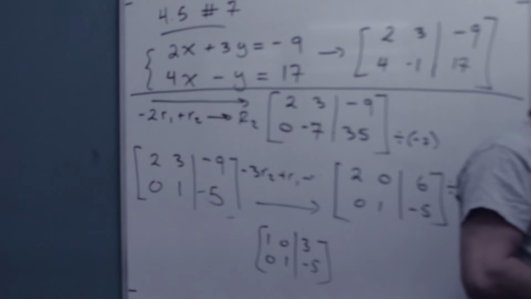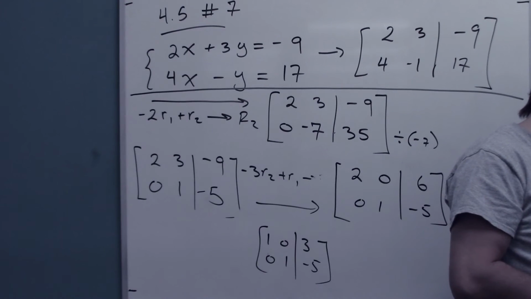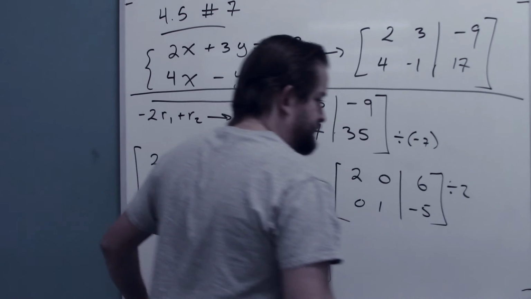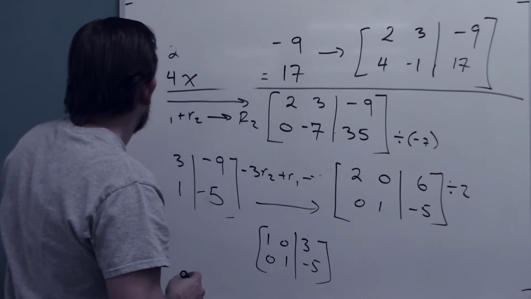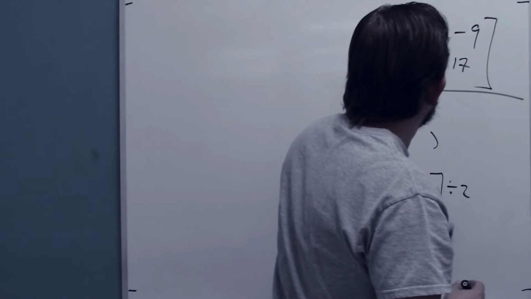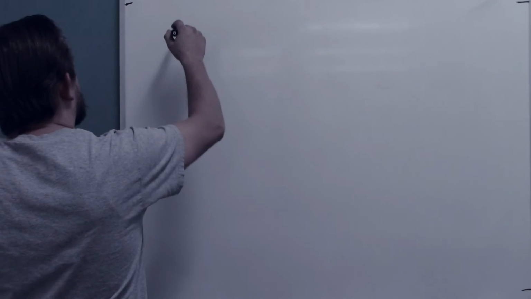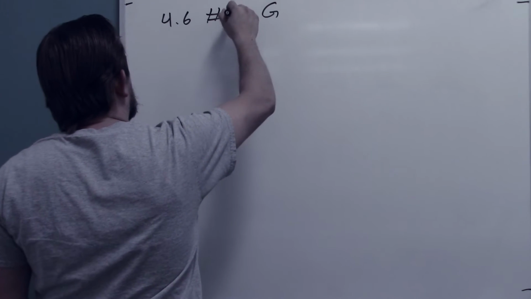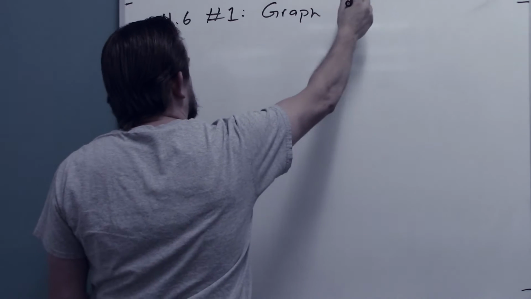Some more matrix stuff, it says. Let's look at 4-6 number 1 real quick. That was also asked. 4-6 number 1 says graph, and so I have a system.